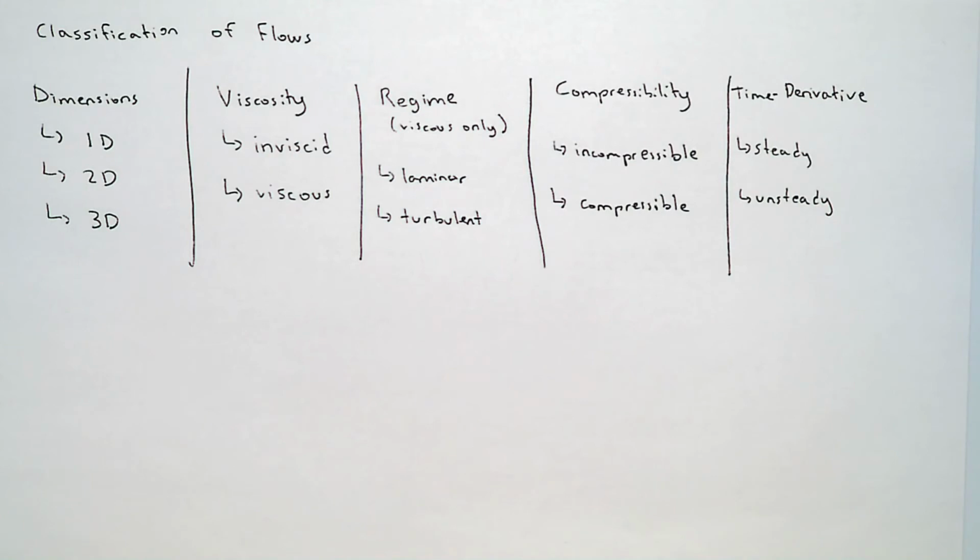Steady flow is a flow where the properties of the fluid do not change with time. In other words, if we could somehow simplify a fluid to a point where it has constant velocity, constant pressures, constant shear stresses throughout time, then we say that the flow is steady.